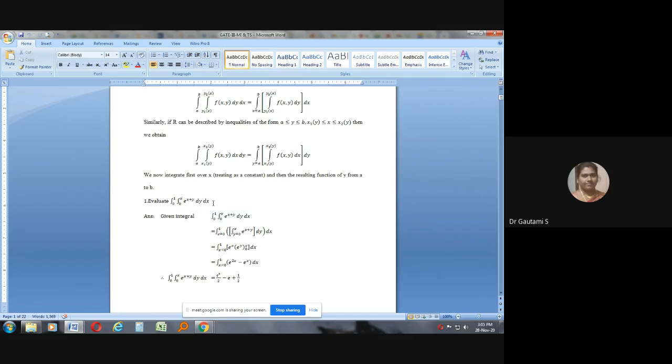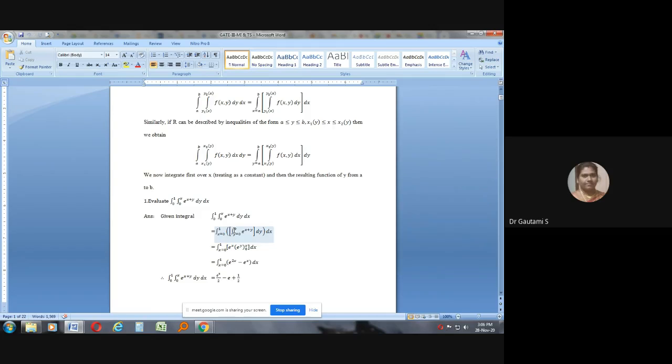See the example. Integral 0 to 1, integral 0 to x, e power x plus y dy dx. Here 0 to x is either the x limit or the y limit. Can anyone respond? Here it is y equal to 0 to x and x equal to 0 to 1.